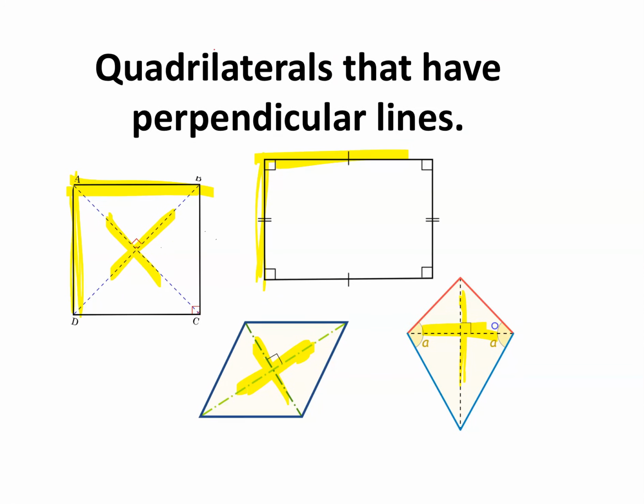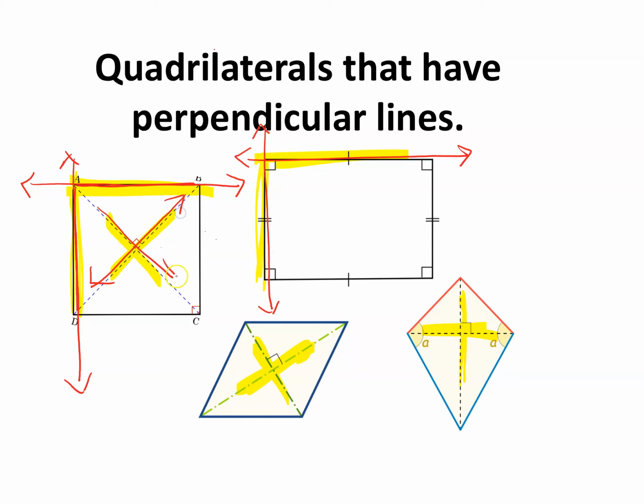Then the other question is, where do we have perpendicular lines? The sides of a square, if you put this on a graph, this line and this line would have perpendicular slopes. This line and this line would have perpendicular slopes. These diagonals would have perpendicular slopes.